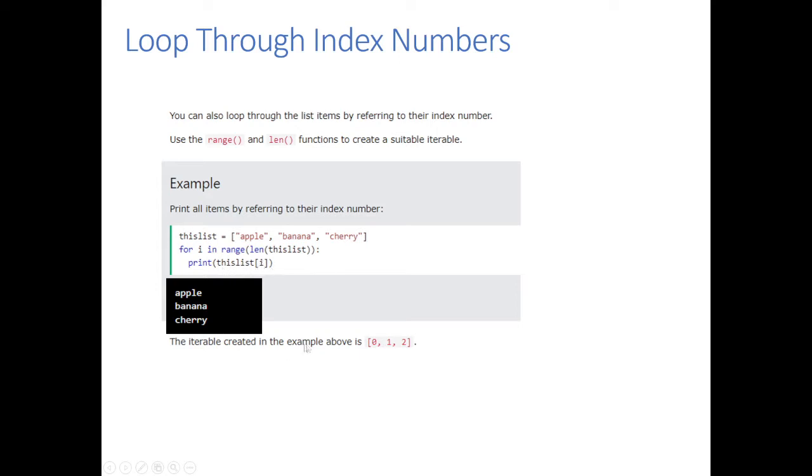The iterable created in the example above is 0, 1, and 2. So in the first loop, the value of i is 0, then on the next loop it will become 1, and then on the next loop it will become 2. Those will be the values of i inside this loop.